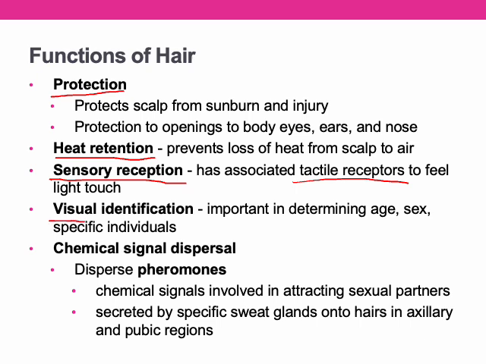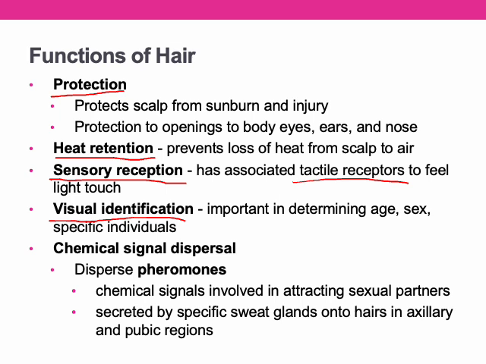Another function is visual identification. We use the hair on someone's head to determine the age, the sex of the person, and also specific individuals, and differentiate people from one person to another.